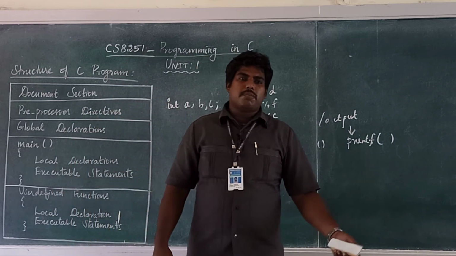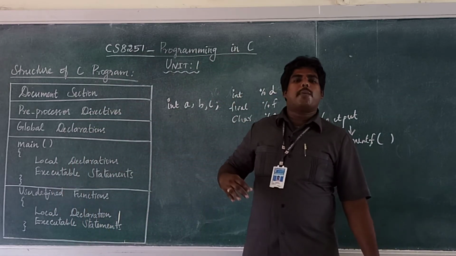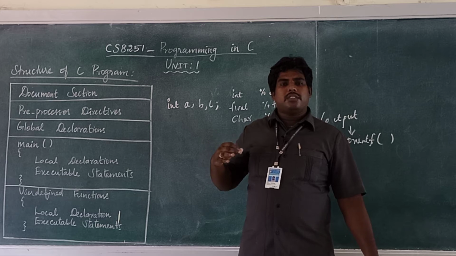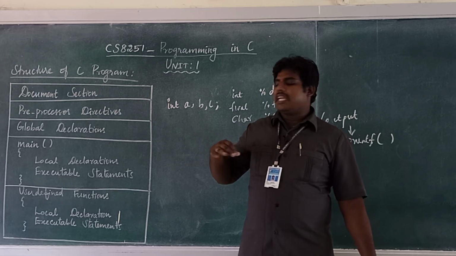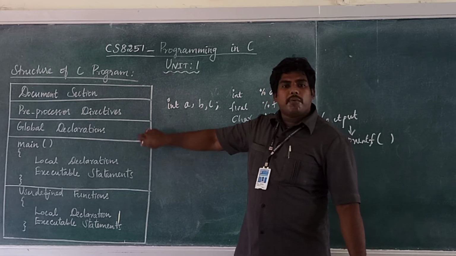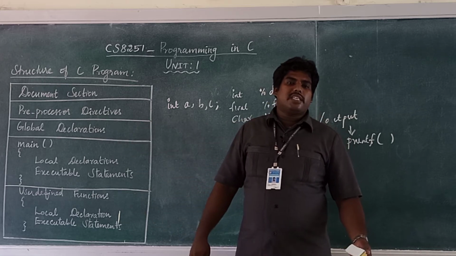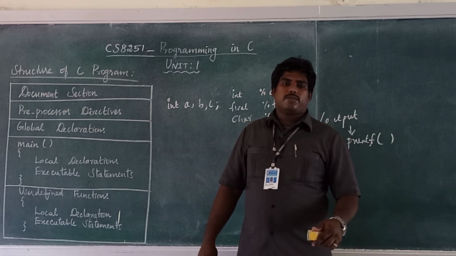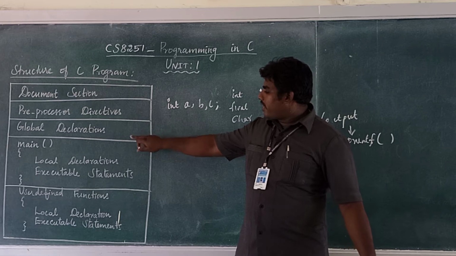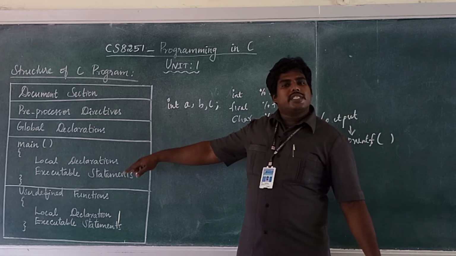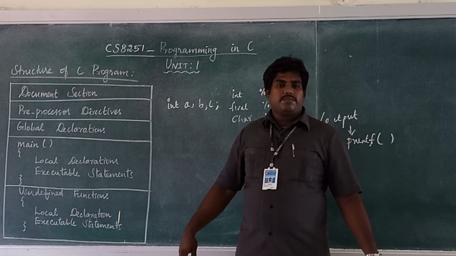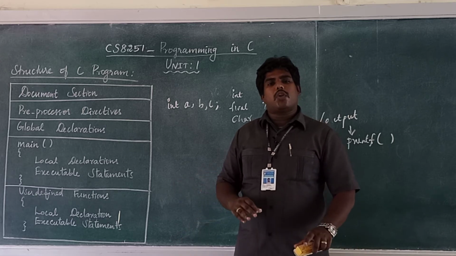What is a global variable? If you declare a variable above the main function, we say it is a global variable. If you declare the variable inside the main, we say it is a local variable. What's the difference between global and local?